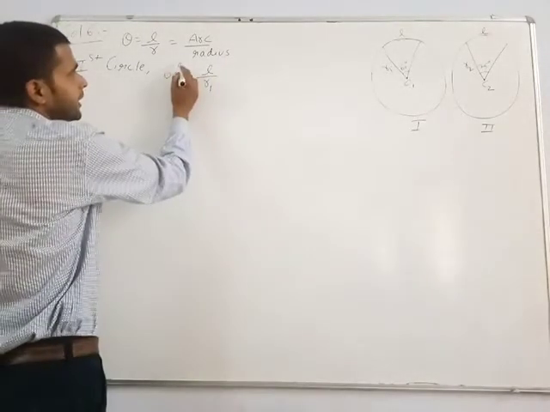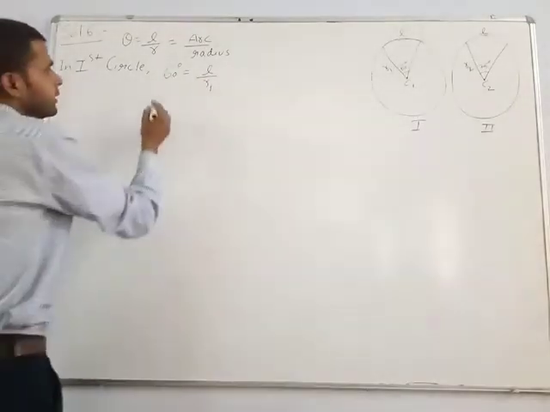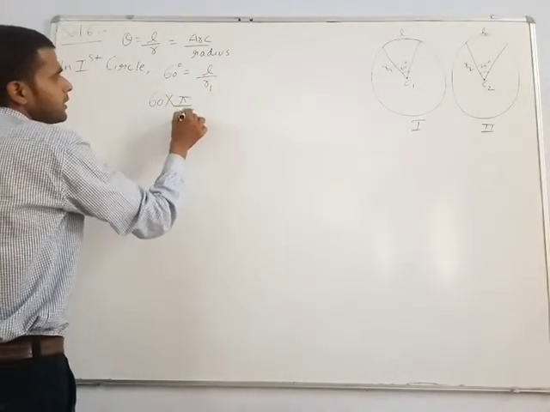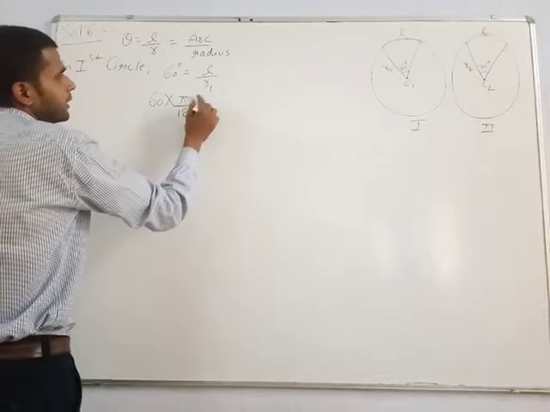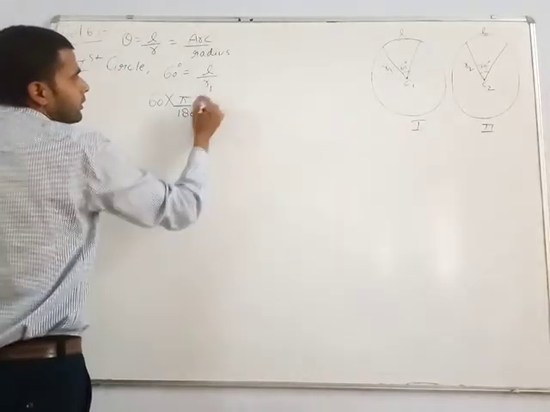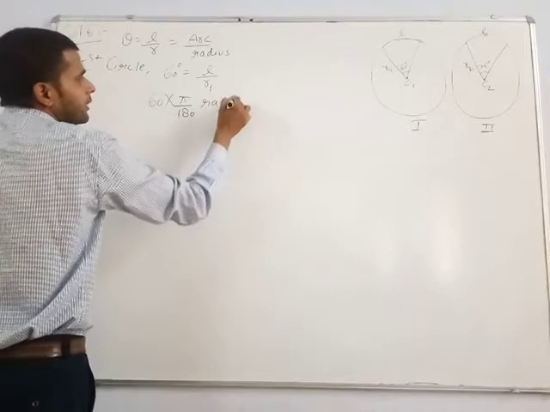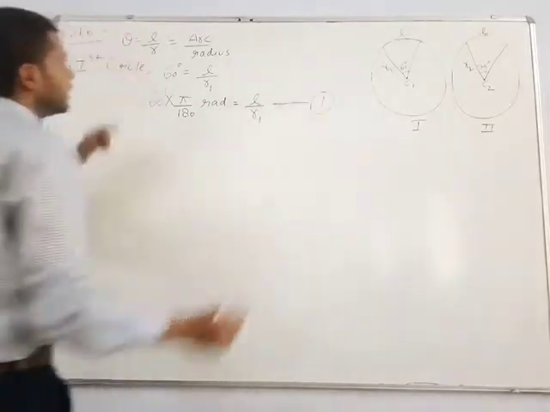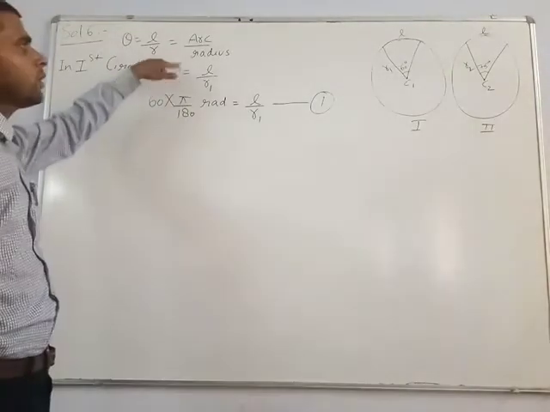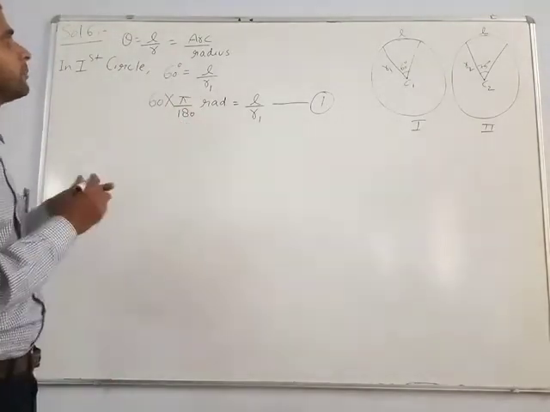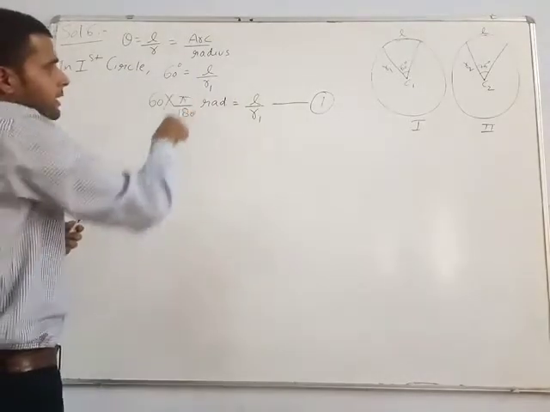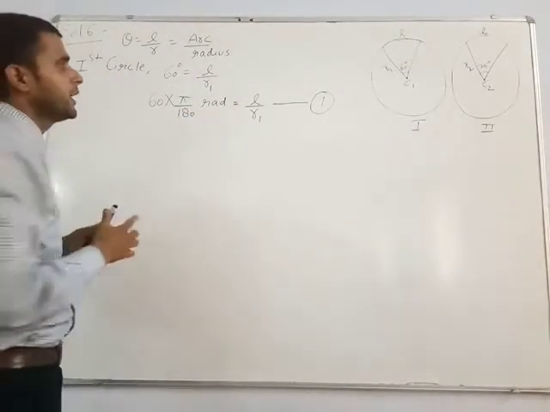Convert 60 degrees into radians, so 60 multiplied by pi upon 180 rad equal to L upon R1. This is the first equation. Theta is always in radians, so to convert 60 degrees into radians, you multiply by pi upon 180.